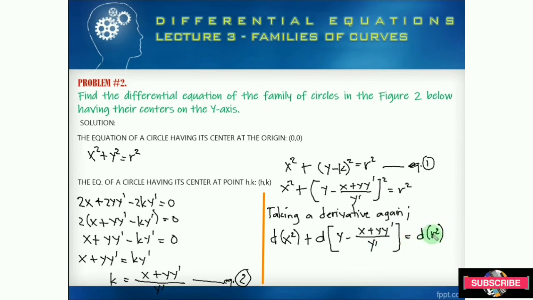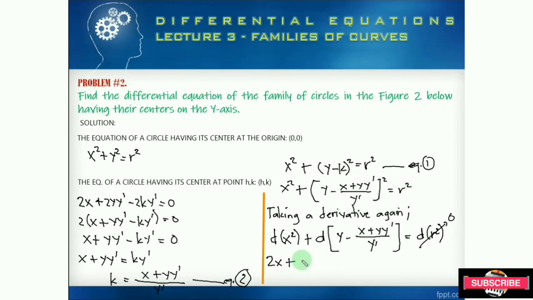Probably our r is constant, so this would be equal to 0, no? Taking the derivative, we have 2x, and then 2 minus 1 is 1, so this would be 2x plus the derivative of this one.